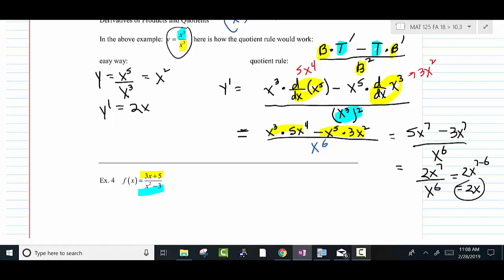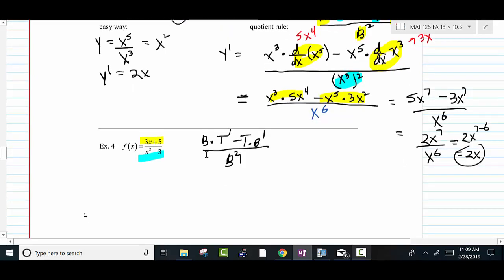Okay, so what I'm going to go ahead and do on this is write down the quotient rule. You don't have to do that every time you do the problem, but it's kind of helpful when I'm teaching this to write down what that rule is. So what we want to do first is just put this in the rule. So we got f prime of x, and just write it down.